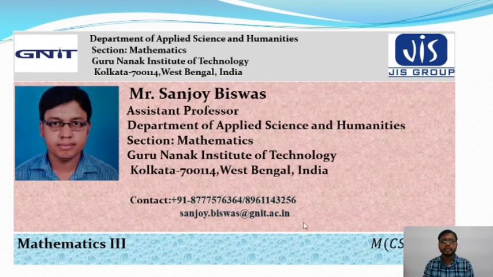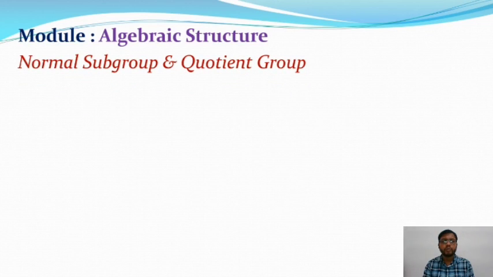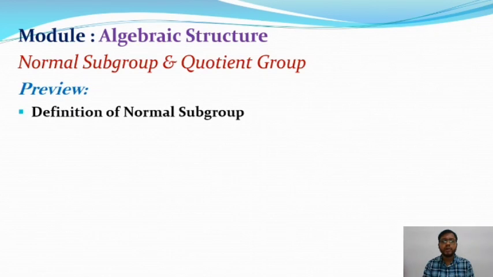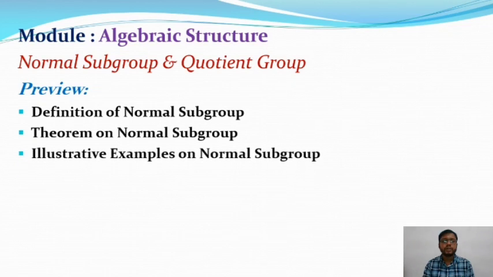So before we start today's lecture, let's quickly recall the last lecture. In the last lecture, we discussed the normal subgroup and quotient group. We talked about the definition of normal subgroup, then some theorems on normal subgroup, and then some related examples.